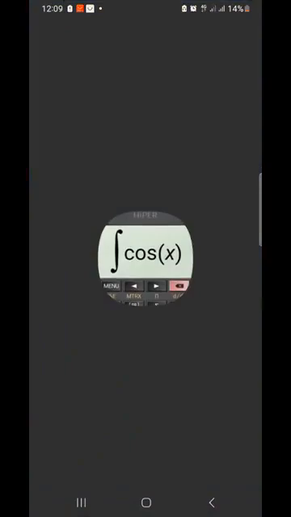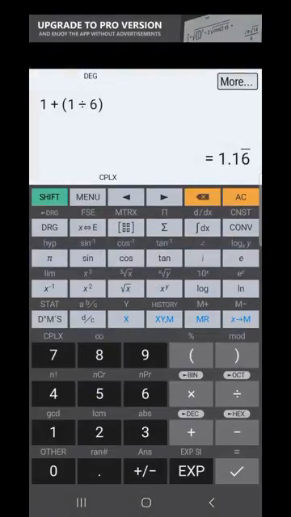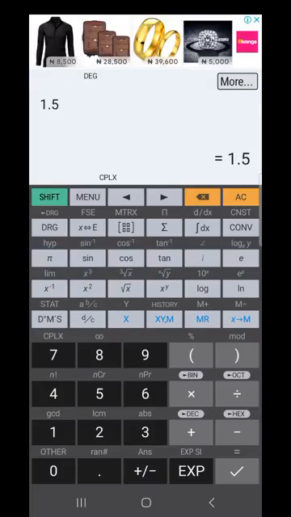Let's check 1.5. 1.5 cubed minus 1.5 minus 1.